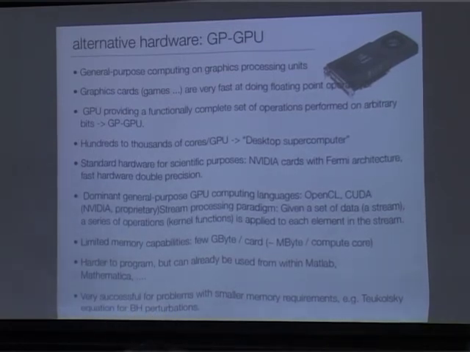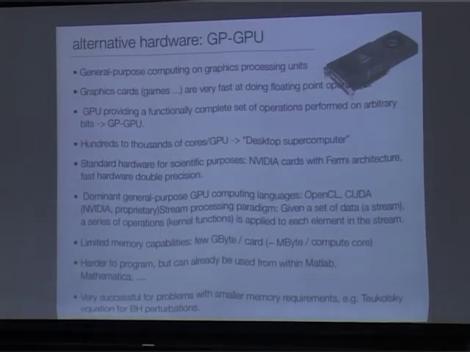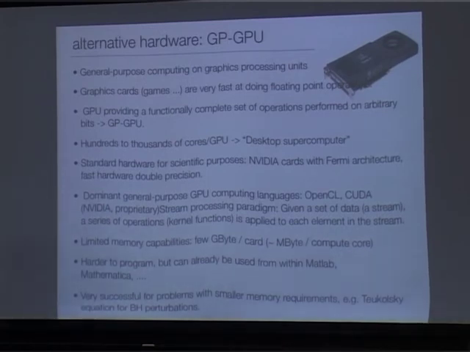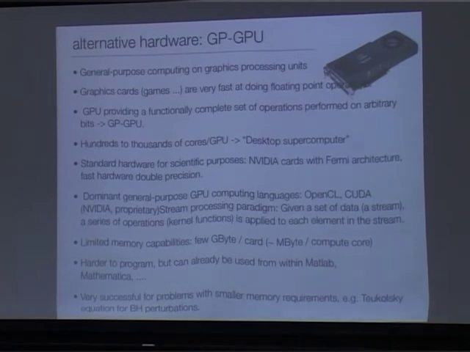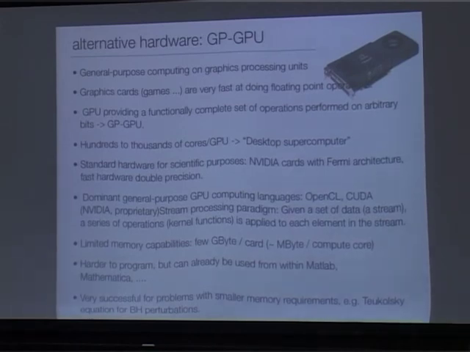Now, it turns out that these things have advanced very much, and to some degree they can be used for general purpose calculations like computing a Fourier transform, or maybe even solving a partial differential equation, essentially on the graphics card. And you can get graphics cards which are really optimized for that kind of purpose.